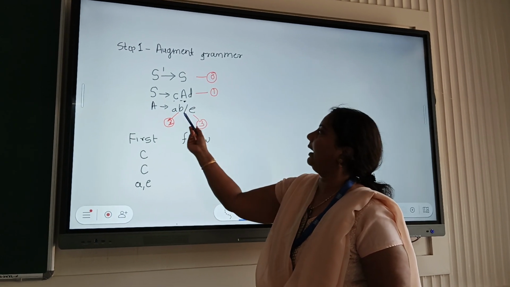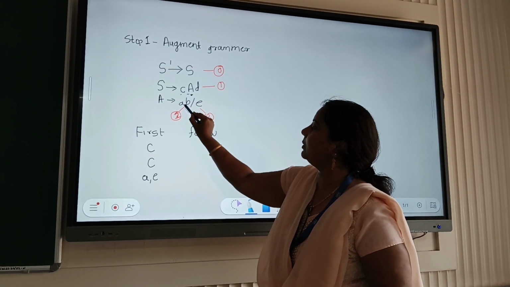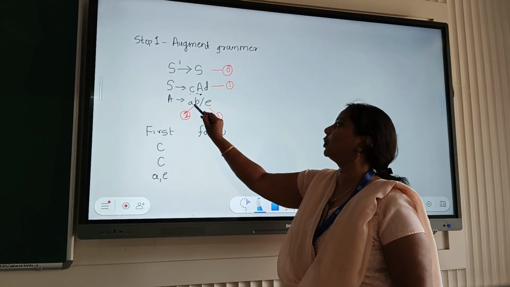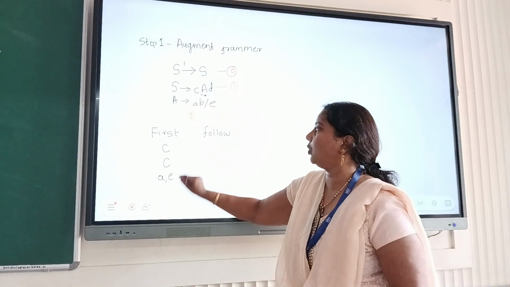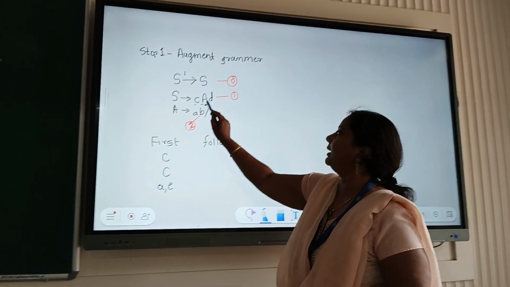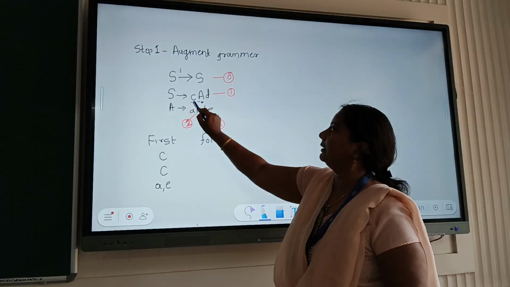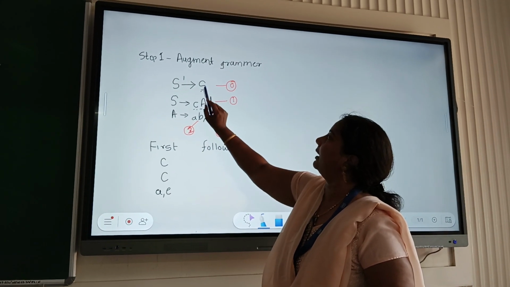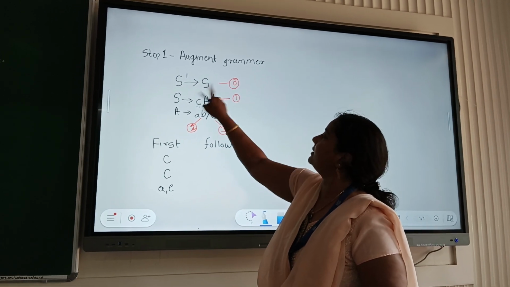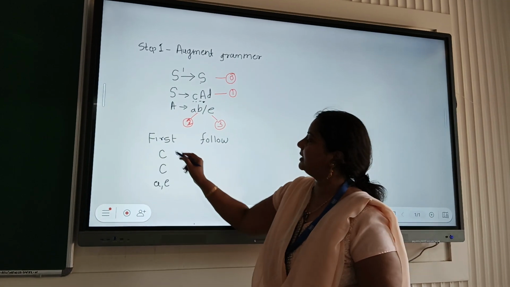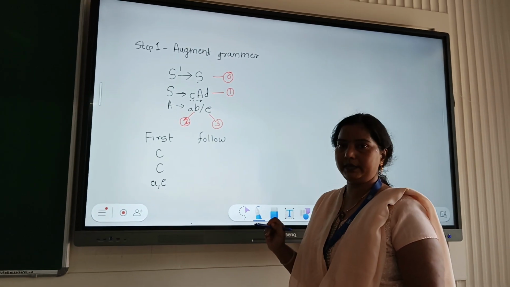Capital A. And A implies small a or epsilon. So here the position is small a or epsilon. Next, S first is a C. And there again here S, and the first of S is a C. So I am writing here C, C, C, A and epsilon.